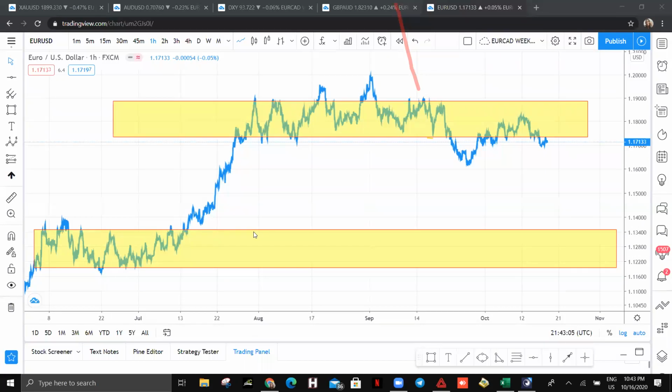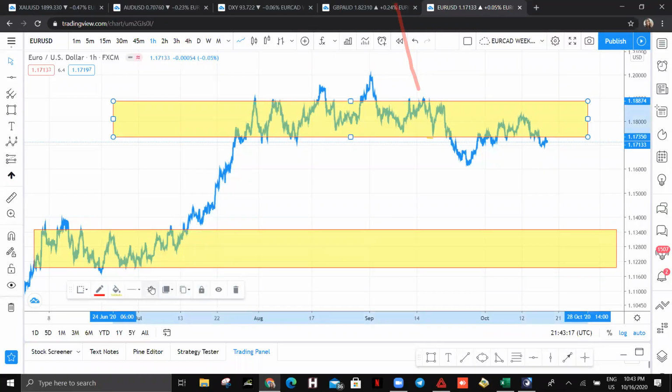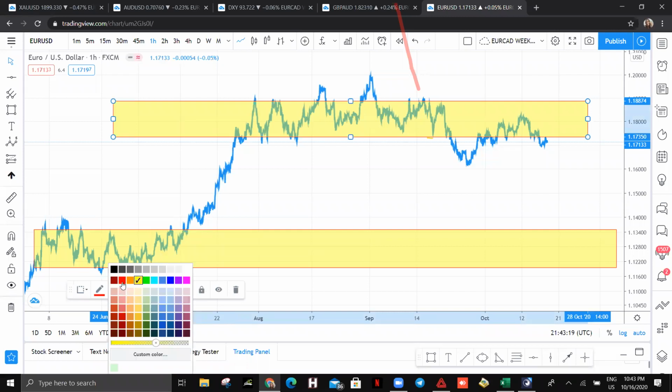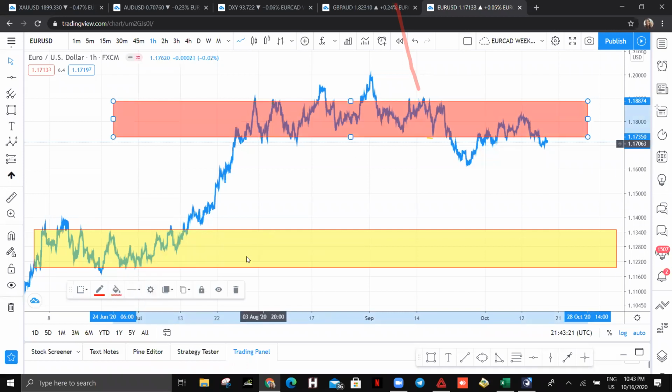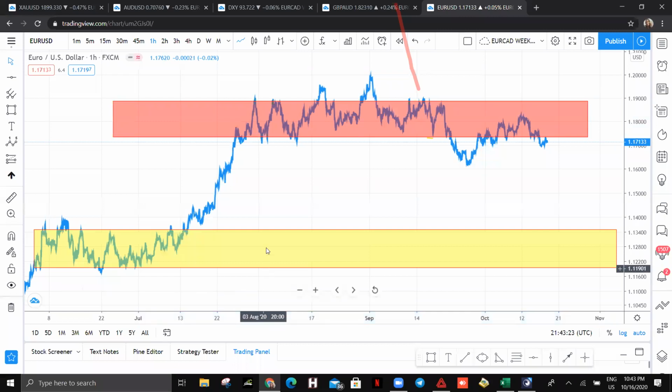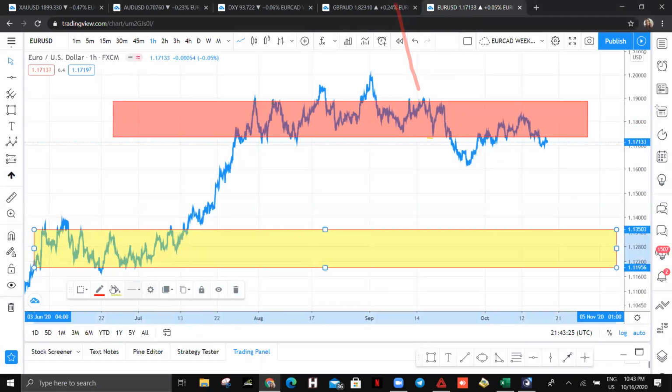Okay, good. I'm trying to identify my zone, my demand and supply zone, my resistance and support. So now, from the look of things, this up one here, let me use the red color to identify this one, so it won't be mistaken. So now this is my resistance zone, and this is my future support zone.